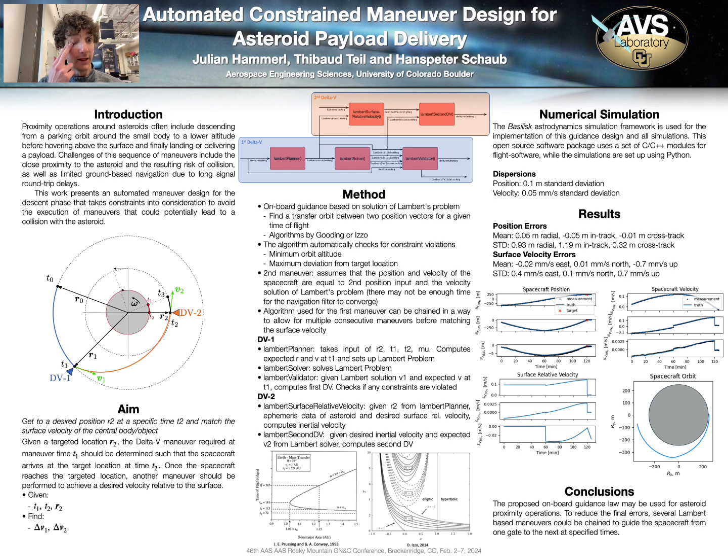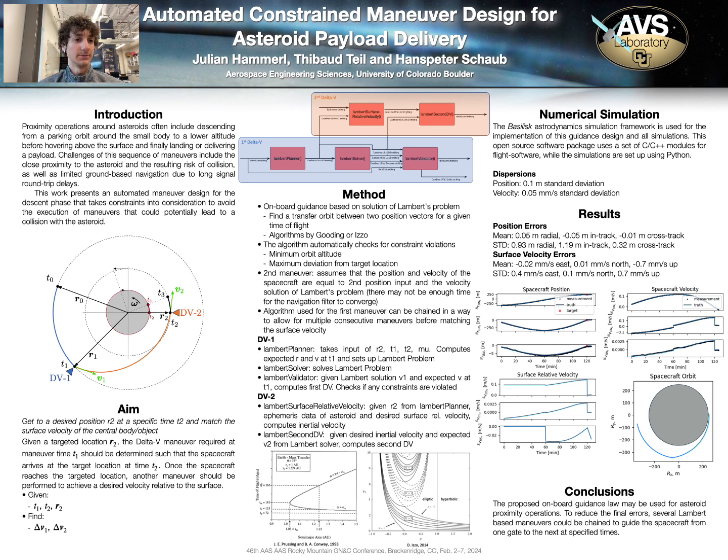Finally, there's the Lambert validator, which will check the constraint violations, and only if there are no constraints violated, and also if the solution is actually converged and we're not changing the solution a lot from one time step to another, then it will compute the required delta V1 to get us to that targeted location.